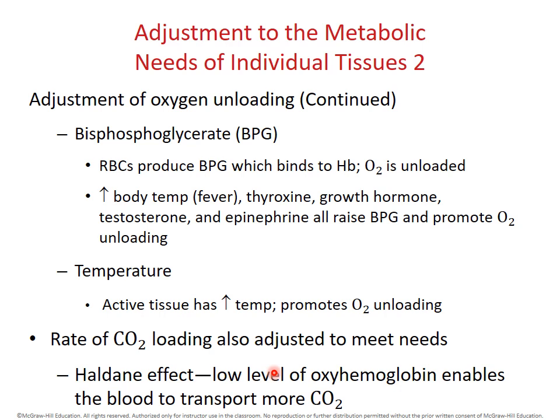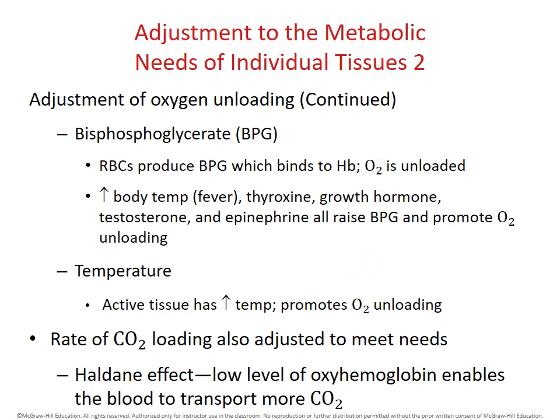And conversely, the more carbaminohemoglobin we have, the less likely we are to bind to oxygen with that hemoglobin. And so there's this slight interplay between the two. And so automatically in the tissues, as we get less and less oxyhemoglobin, we're more and more likely to form carbaminohemoglobin. And again, this is exactly what we want to happen when we're in the tissues.